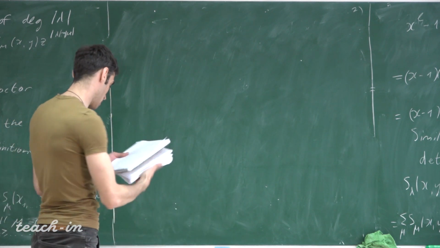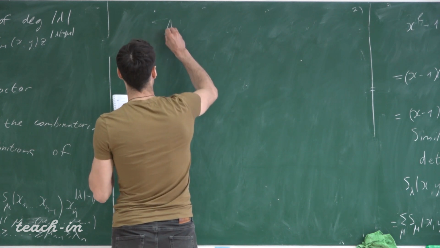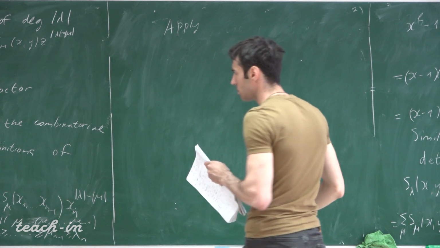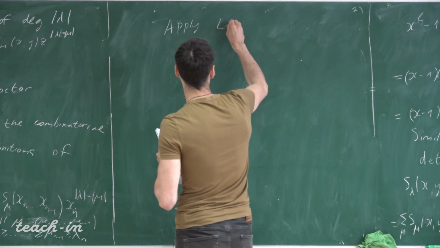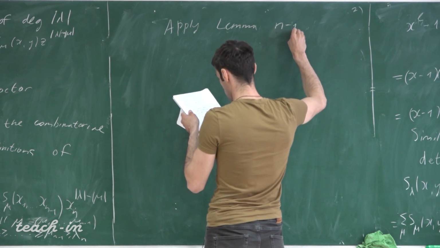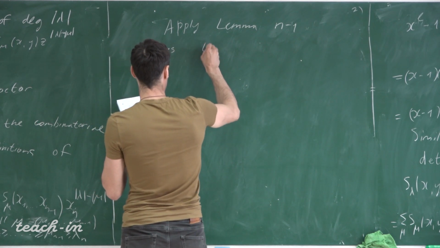So what do we get? Apply the lemma n minus 1 times to S lambda.